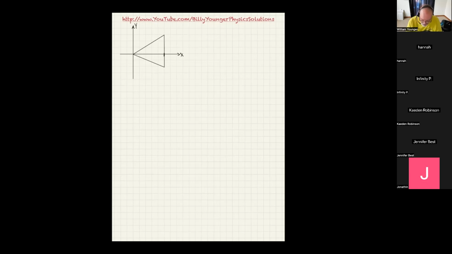So in this case, I'm going to do it basically both ways. So what I'm going to say is this particular triangle has a mass of, let's say, 30.0 kilograms. Okay. I'm going to say that this coordinate right here is, let's say, 3.00 meters, and we might even say that's equal to h.